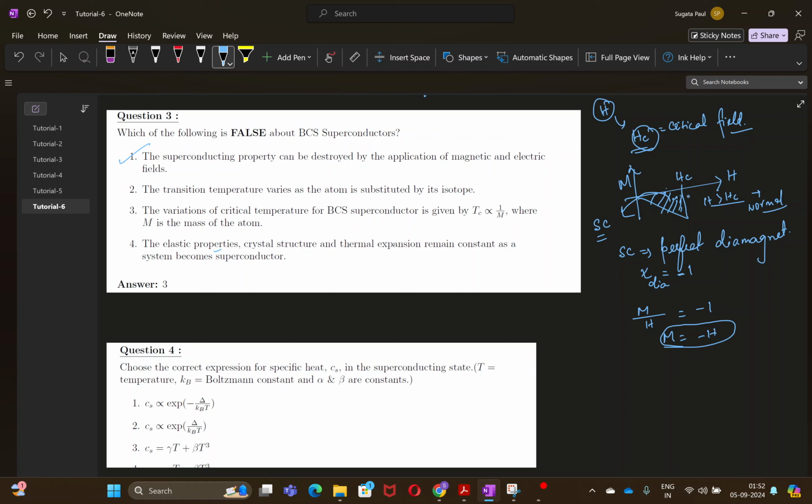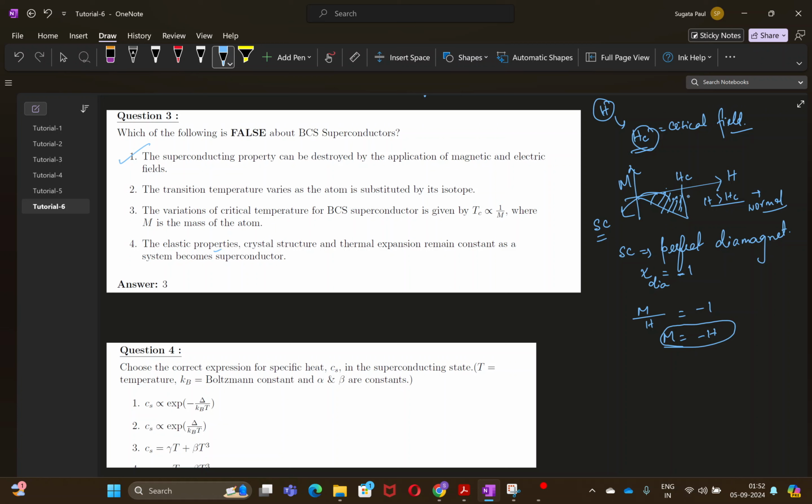So that is why the option is true that a superconducting property can be destroyed by application of a magnetic field. And also the electric field: applying an electric field is somehow equivalent to applying an electric potential across the sample and getting a current, right? So this is also doing the same thing, that even if you are below Tc, that means you are in the superconducting regime, but if you apply an electric field, you are giving a potential to the system.